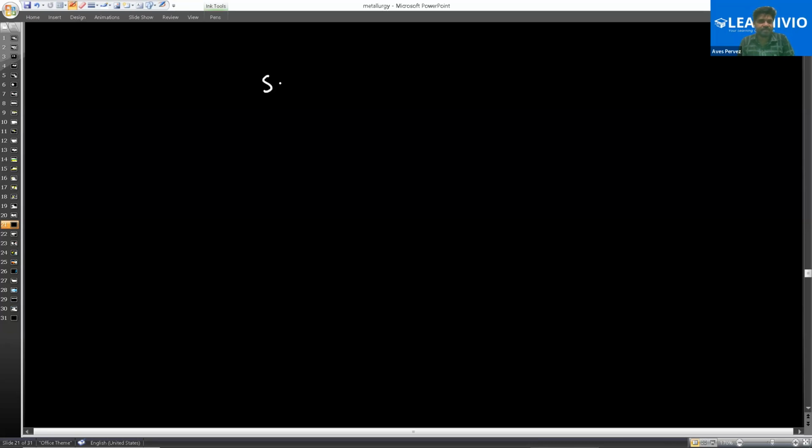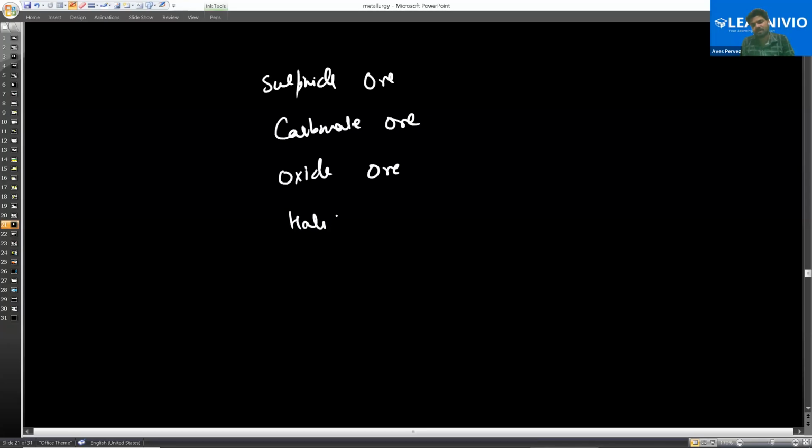We have sulfide ore, carbonate ore, oxide ore, and halide ore, like NaCl, KCl. Means fluorine or chlorine groups are added. This is called the halogen group.